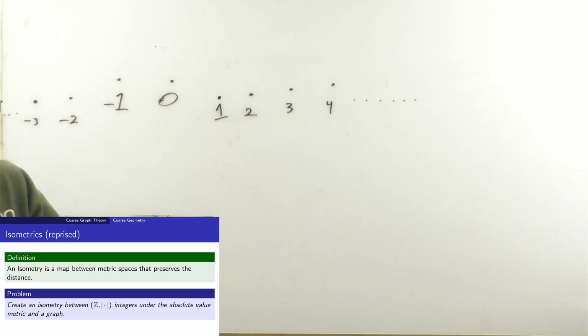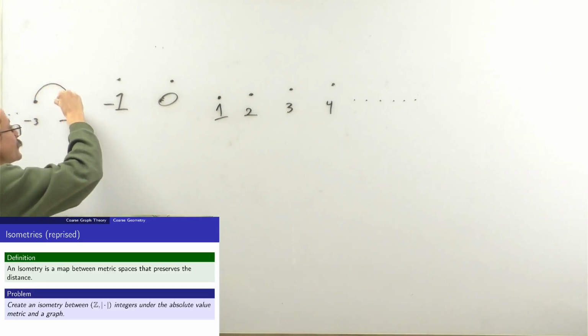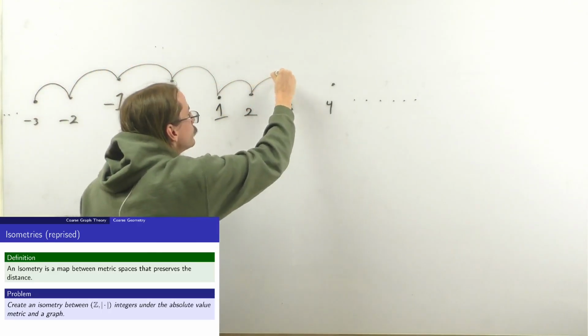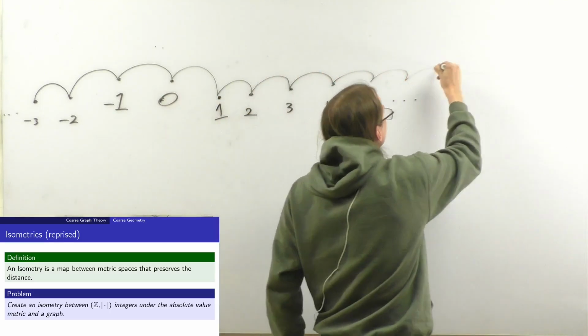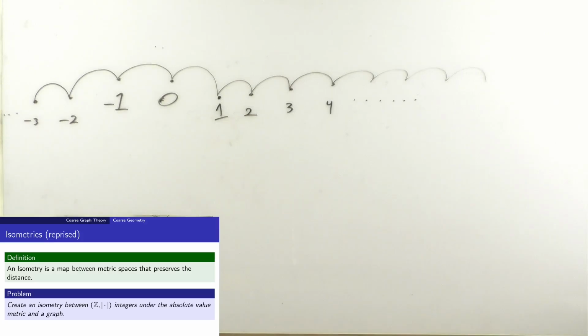Notice I gave myself a lot of freedom here. I don't say what graph I need to take this to. So does somebody have a favorite graph? K3. K3 is finite. I don't like it. The infinite path. I like the infinite path. It's pretty easy here. Why? There's the infinite path. And there's the integers. And what do you think my isometry is going to be?